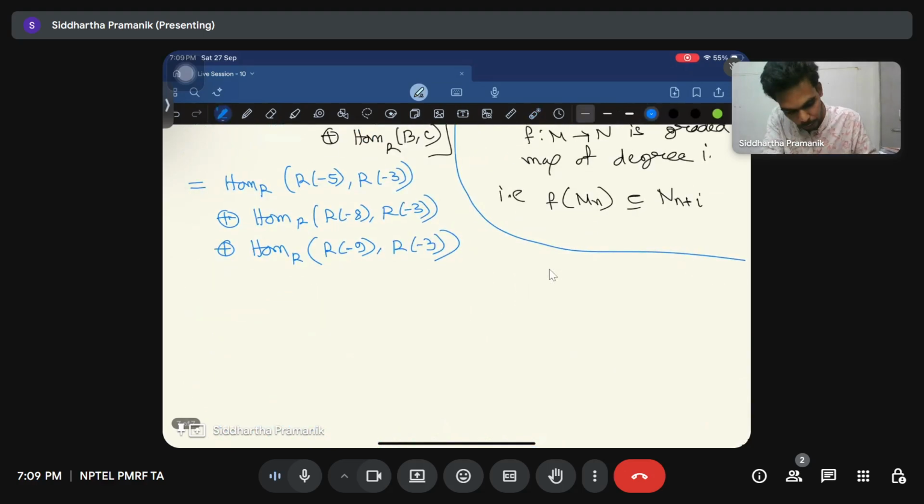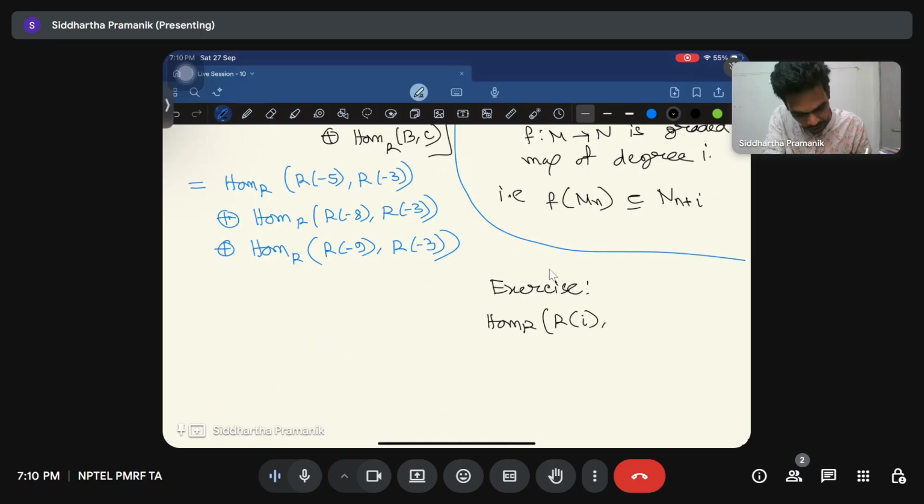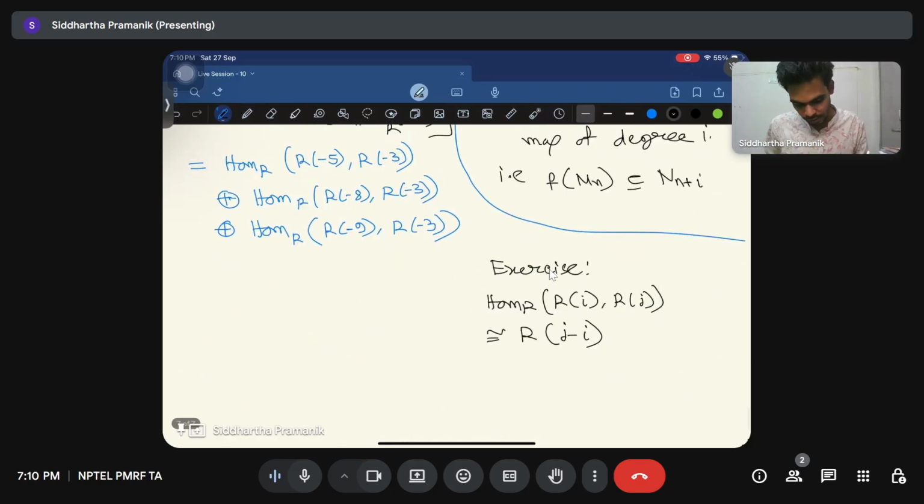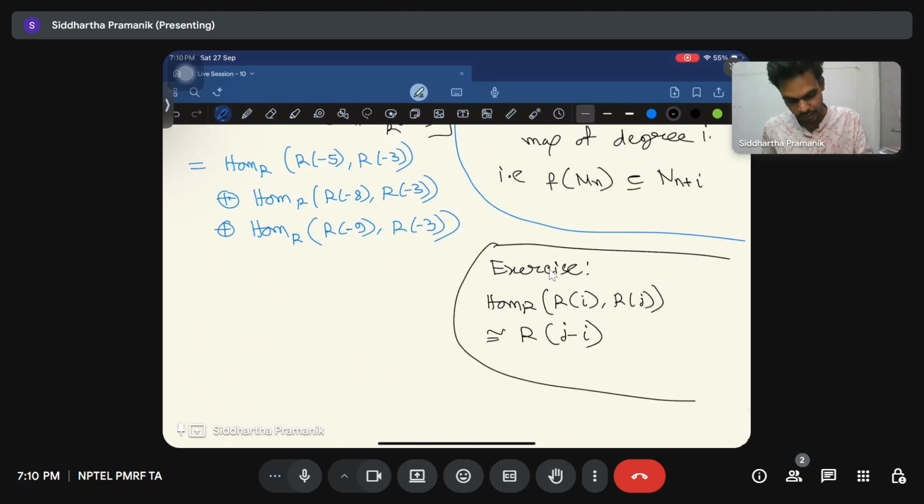Now here is one more exercise for you, but I think this is in the practice problem sheets, that Hom(R(i), R(j)) is isomorphic with R(j minus i). So let's use this fact here in our case. This one is i, this one is j, so -3.